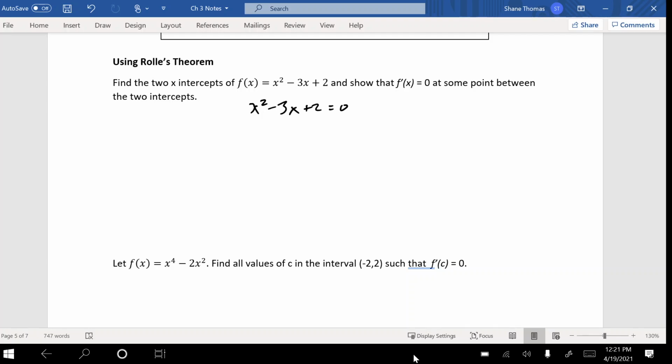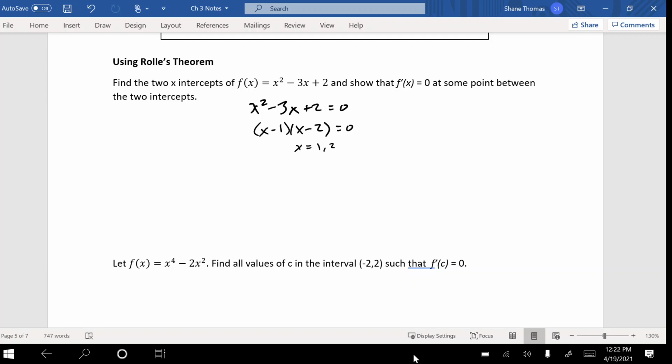So this factors to (x minus 1)(x minus 2) equals 0. Then I have x equals 1 and 2. Those are my two x-intercepts. Agreed?